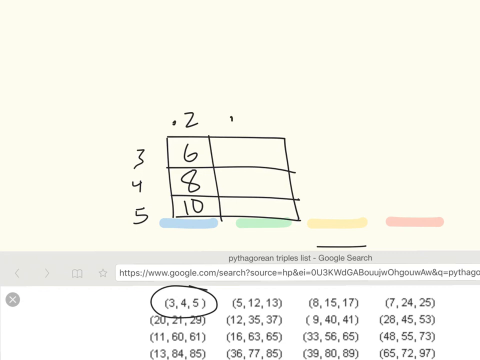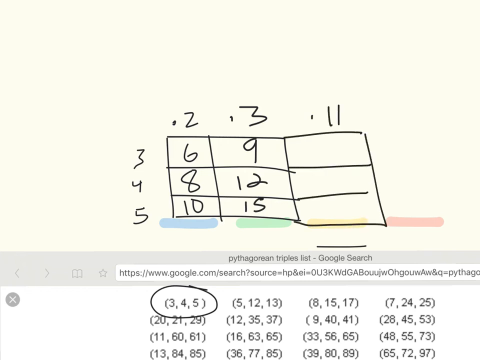What if I times it all by 3? Well, 3 times 3 is 9, 4 times 3 is 12, 5 times 3 is 15. That's also a Pythagorean triple. In fact, if I were to times it all by 11, 3 times 11 is 33, 4 times 11 is 44, 5 times 11 is 55. That was one of the problems I gave you.